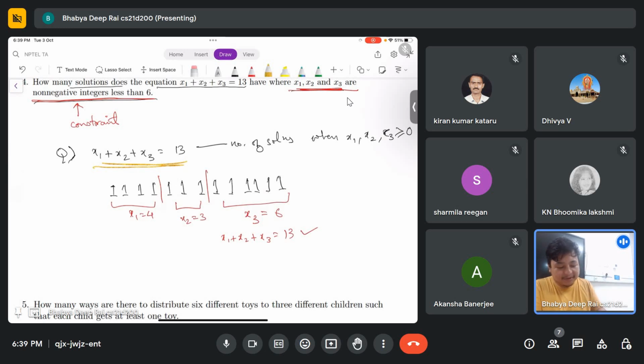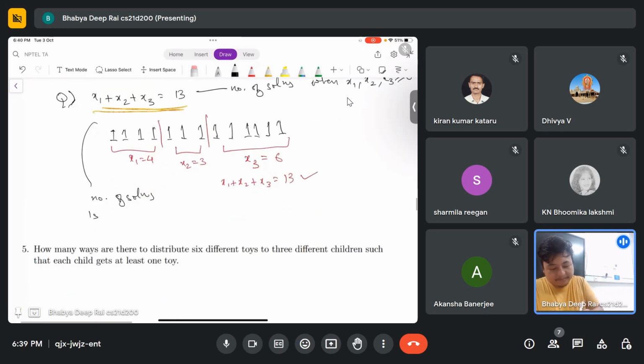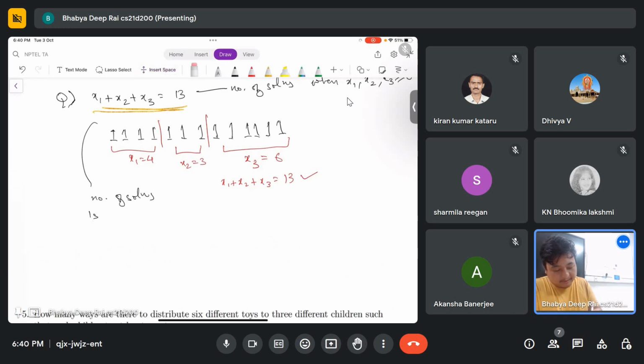So the number of solutions to this equation is equal to the number of ways to partition 13 stones with 2 sticks, which is nothing but 3 partitions.